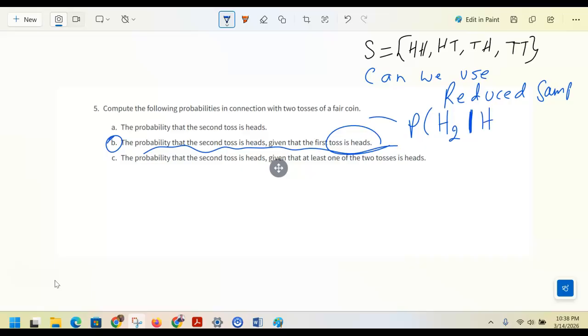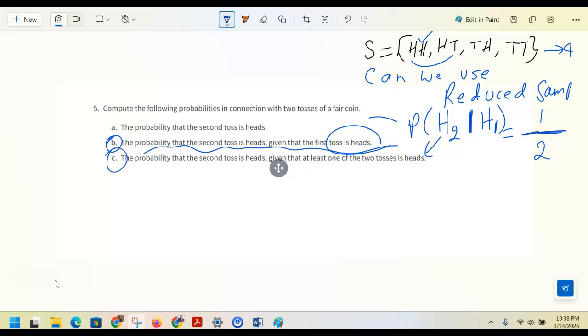So you want to check how many of these 4 pieces have head first. You can say these are the heads, 2 of them. So it is out of 2. And how many of these have head second? This is the head second, so directly you are done.